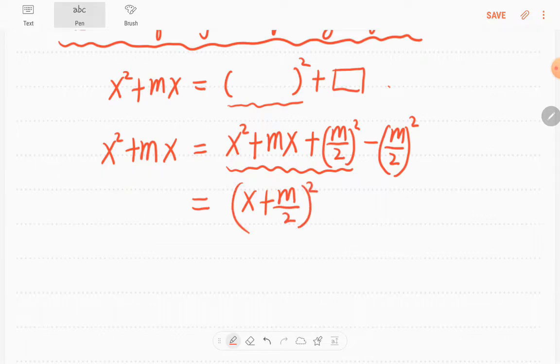If you don't believe it, you can just expand it. You will see the three terms give you this complete square. Then subtract (m over 2) squared. Using this way, we can form a complete square.